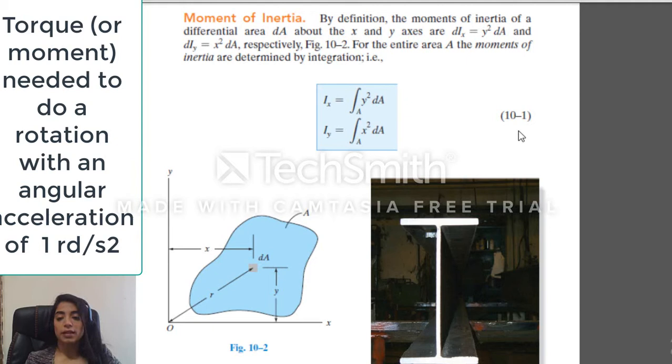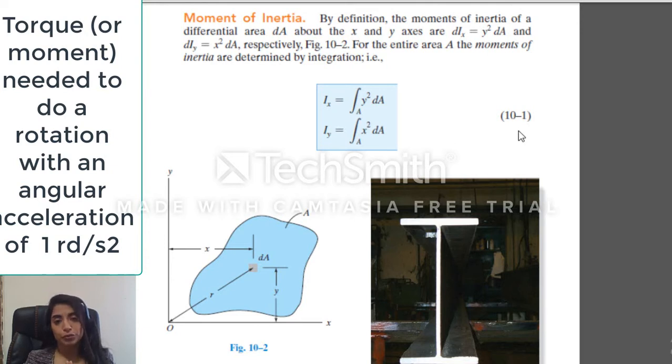And this means, guys, that the mass in translational motion is similar to the mass moment of inertia in rotational motion. In fact, the torque is similar to the force and the angular acceleration is similar to the translational acceleration.